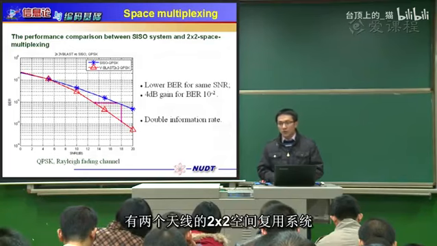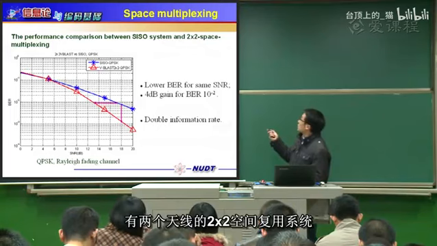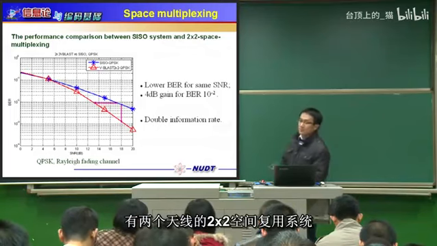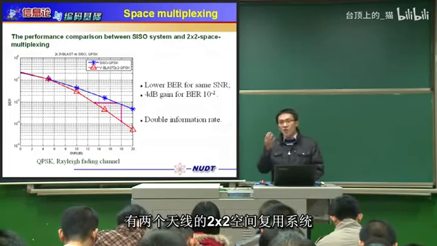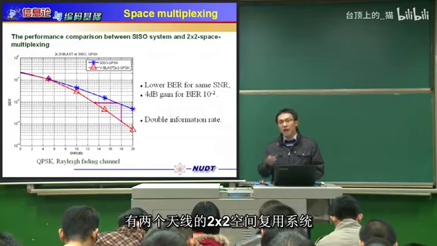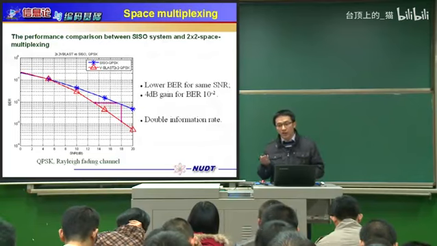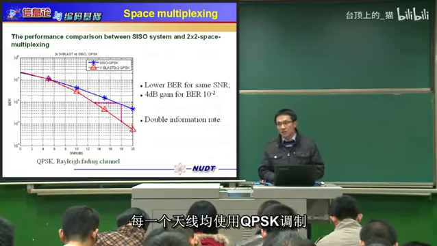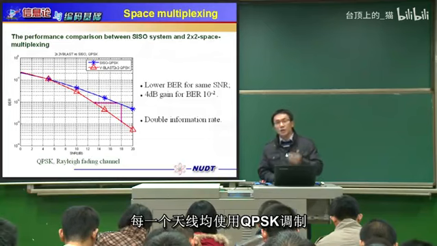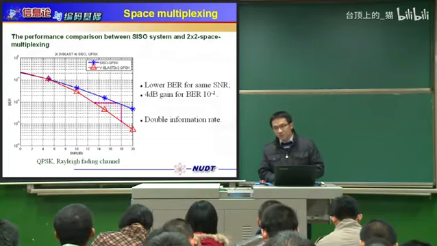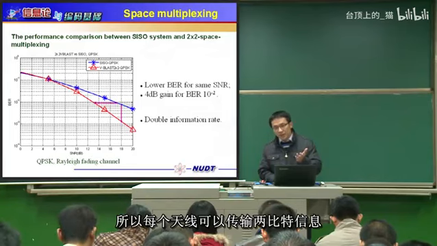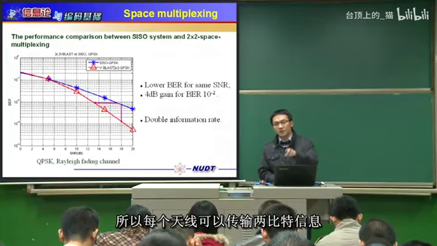So we know that 2x2 space multiplexing has two antennas for transmitting information, okay? And each antenna uses QPSK modulation, so each antenna can transmit 2 bits per signal.